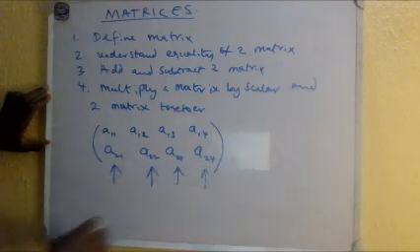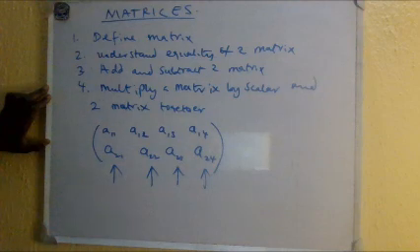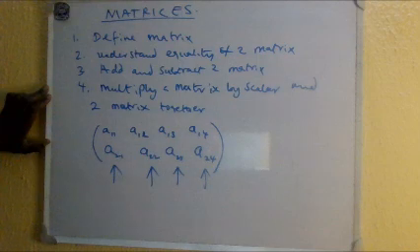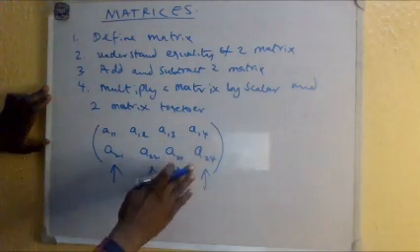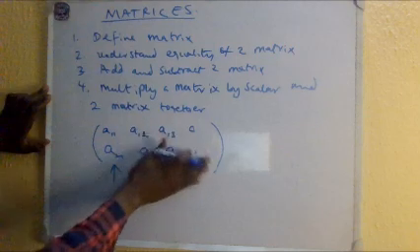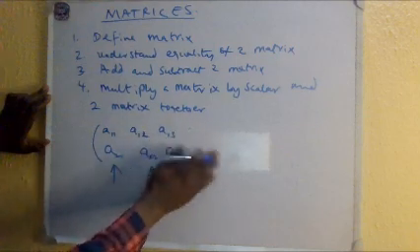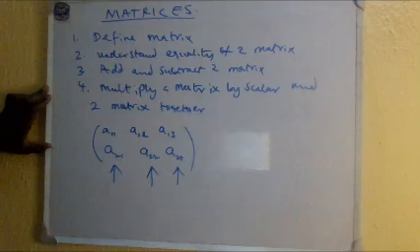If I were to multiply, ensure that the number of columns... how many columns do you have here? 4. Okay. The number of columns must be equal to the number of rows. Okay, let me stop at this point so I can explain the concepts. I don't want to do a complex one.